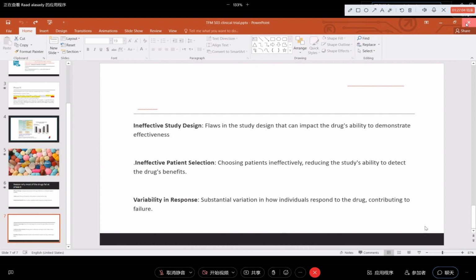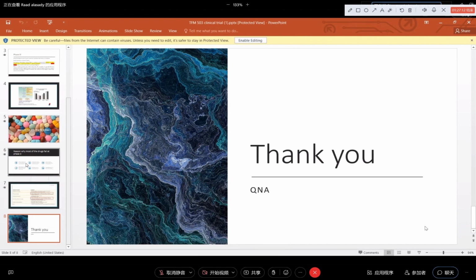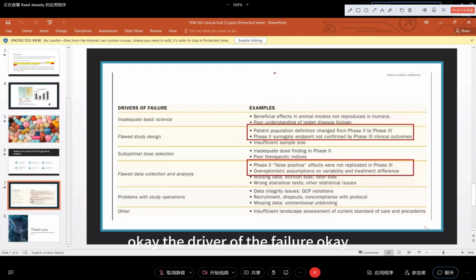Oh, you want Leo to share the other problem on the slide? Leo, can you please share the other slide? Okay, now the driver of the failure. Can you see now? Yeah, we can see. Okay.